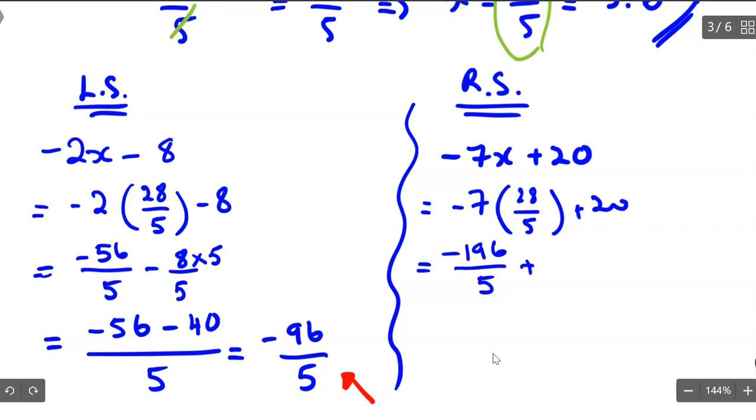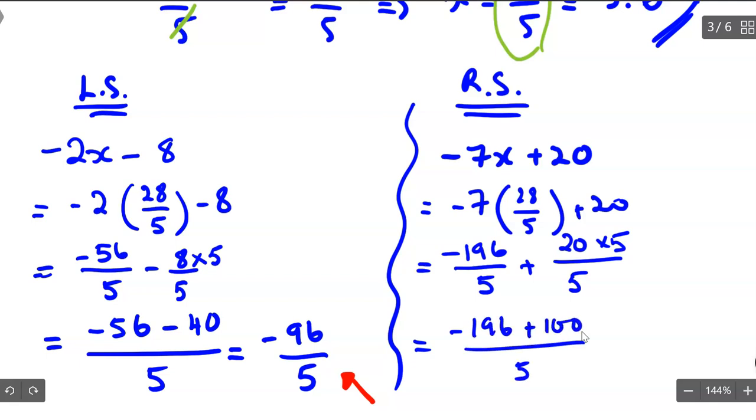At the same time, I have to change 20 to have the same denominator. So it will be 5, then 20 times 5. So I have negative 196 plus 100, the whole thing divided by 5. So in this case, I should have negative 96 over 5.